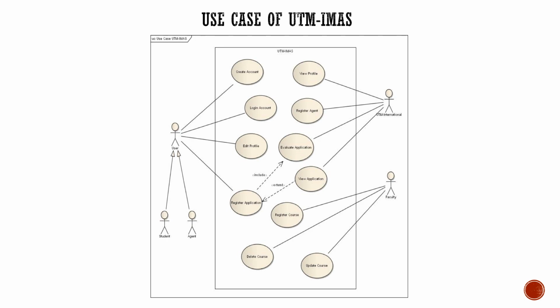User is involved in four use cases, which are create account, login account, edit profile, and register application use case. UTM International is involved in four use cases, which are view profile, register agent, evaluate application, and view application. Meanwhile, for faculty, it involved with three use cases, which are register course, delete course, and update course.